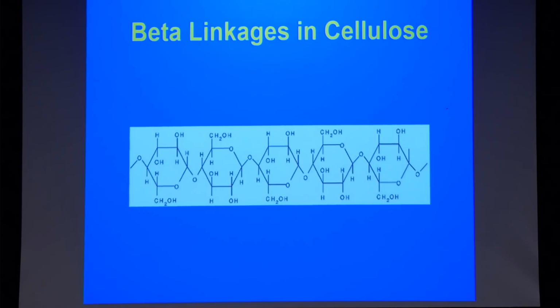That changes the 3-dimensional shape of the molecule in such a way that, for reasons I don't understand, most organisms have never generated enzymes to break this molecule down. Now, we can digest a little bit of cellulose, but as we do it, we're using bacteria in our large intestine. Animals that have developed means of breaking down cellulose have highly specialized mechanisms, and it's always through a symbiotic organism.